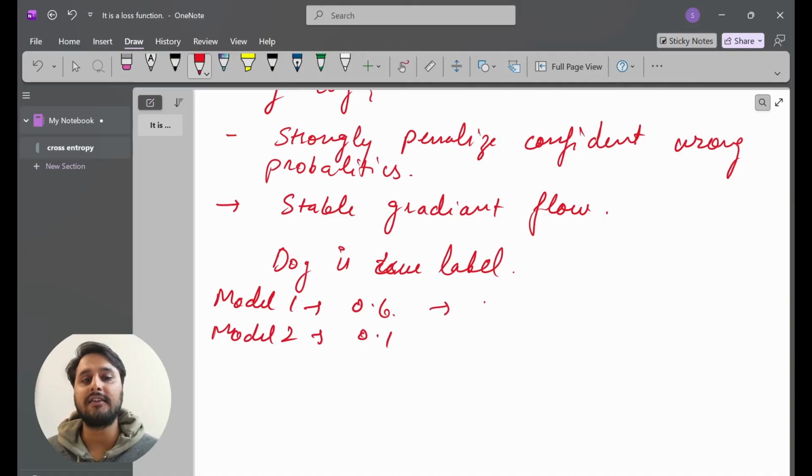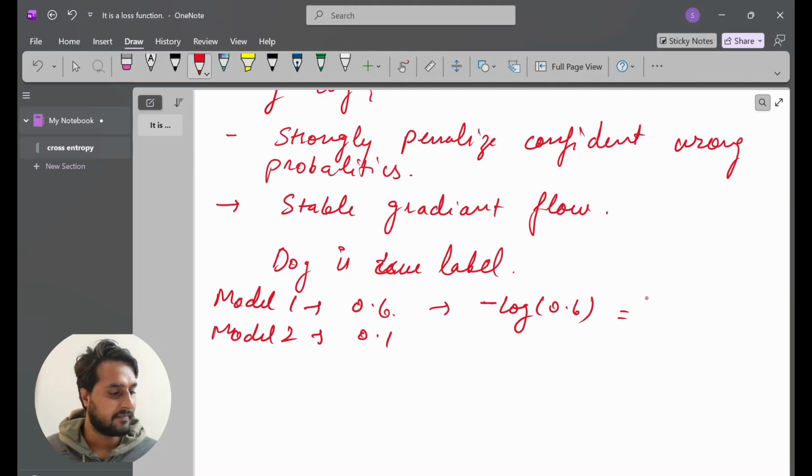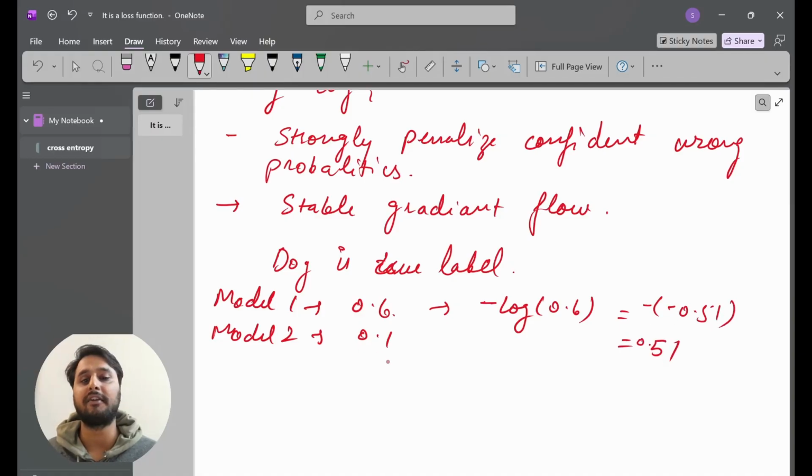So in this case, what is the loss value? For 0.6, it is minus log of 0.6, which is minus of minus 0.51. So it is around 0.51.